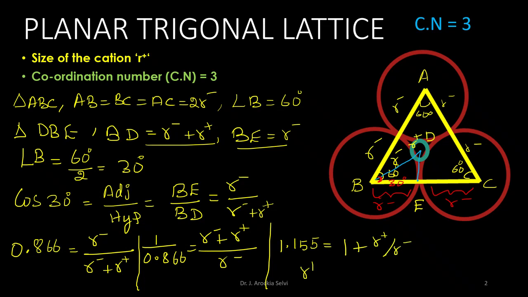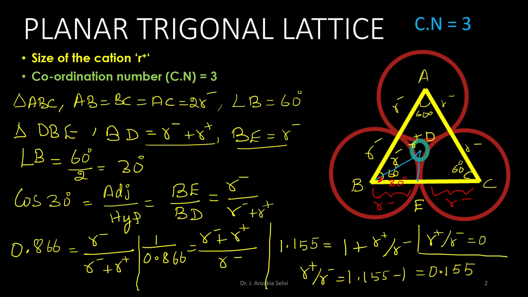So R plus by R minus is equal to, taking 1 to this side, 1.155 minus 1, which is 0.155. Therefore, in this case, R plus by R minus is equal to 0.155 for coordination number 3.